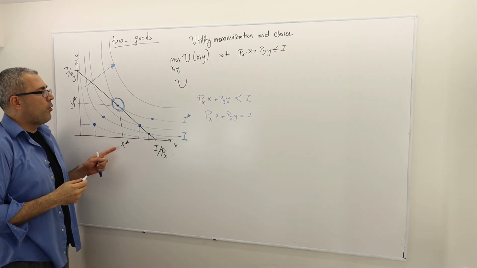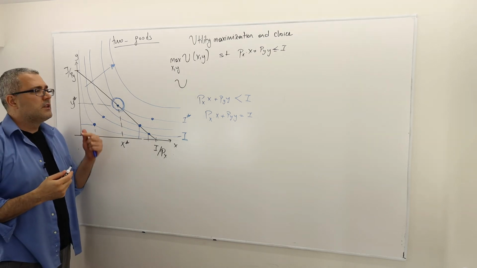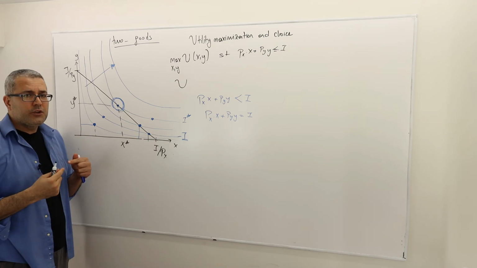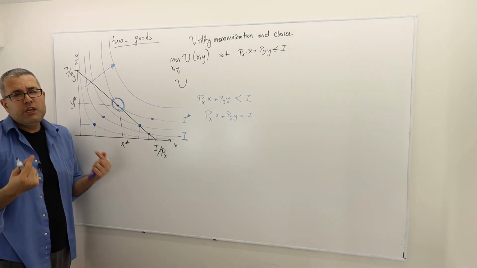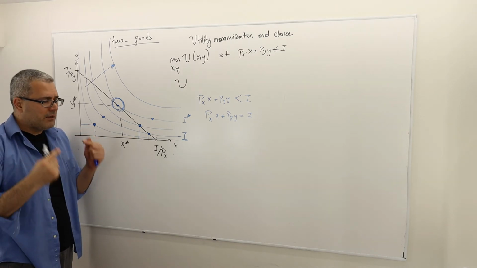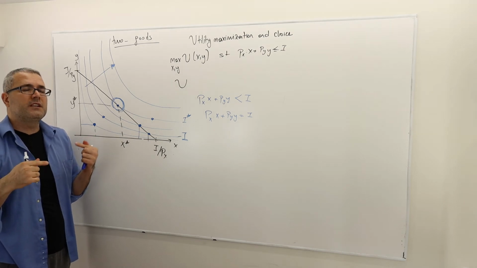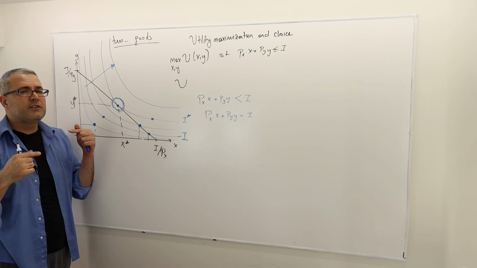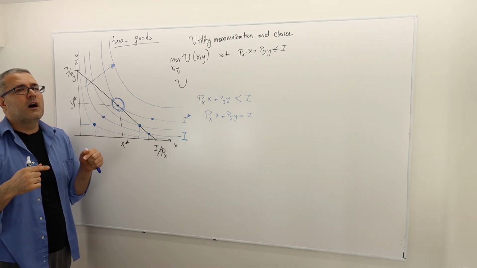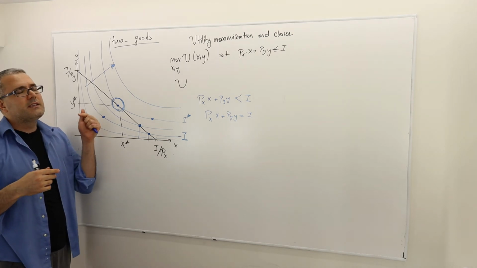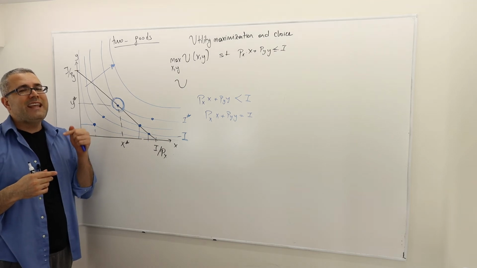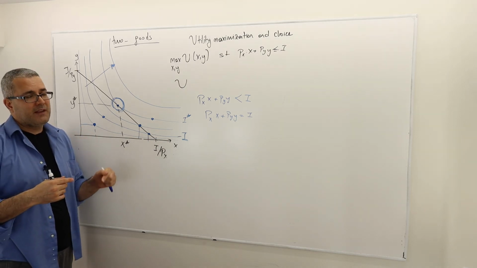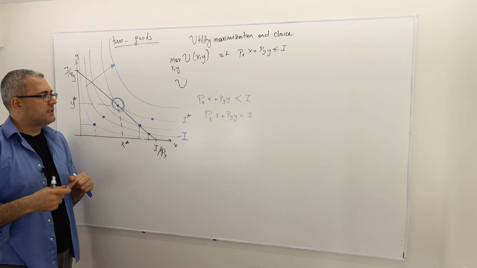So at this point, tangency means the slopes of these two curves are equal to each other. We know this from mathematics, right? Let me repeat. If two curves are tangent to each other at some point, that means the slope of their tangent lines at that point must be the same.